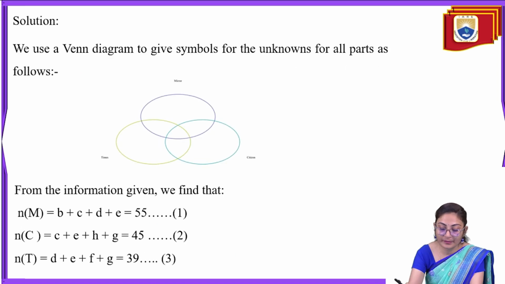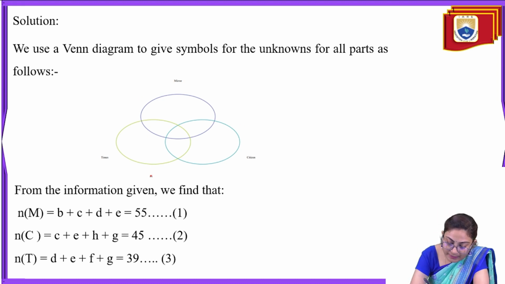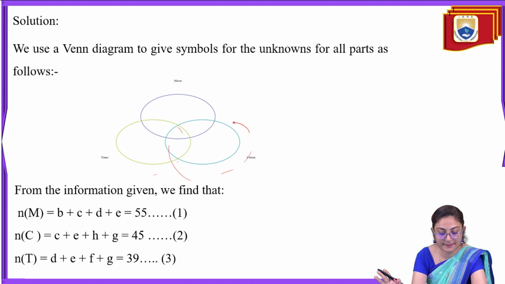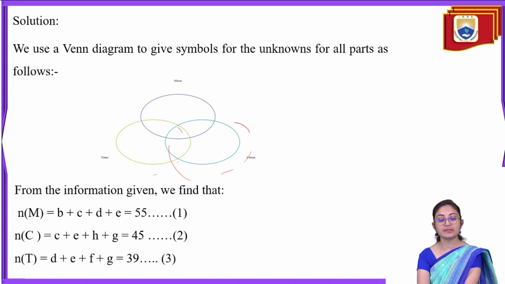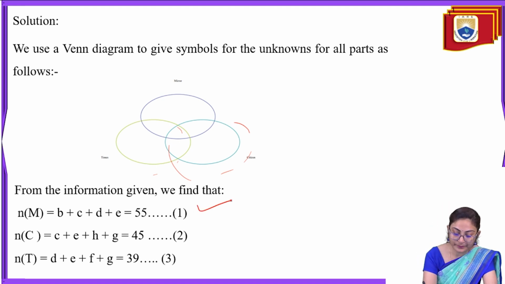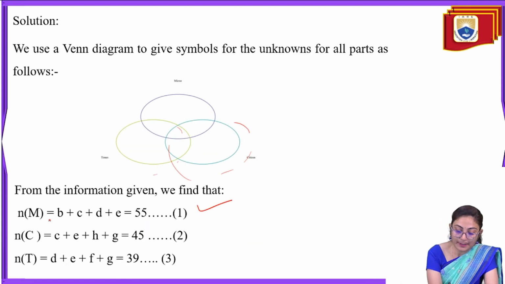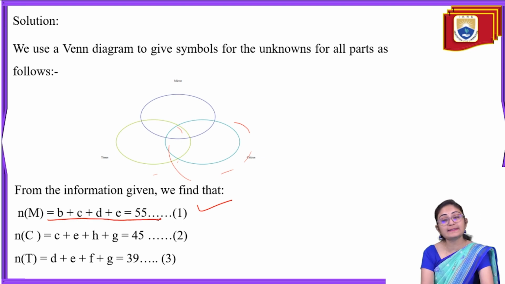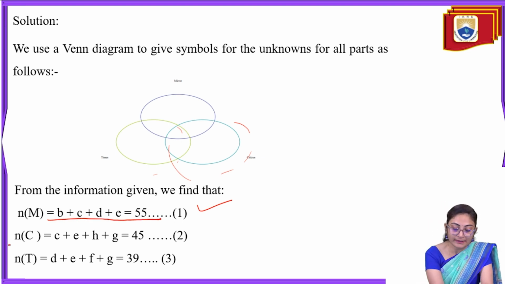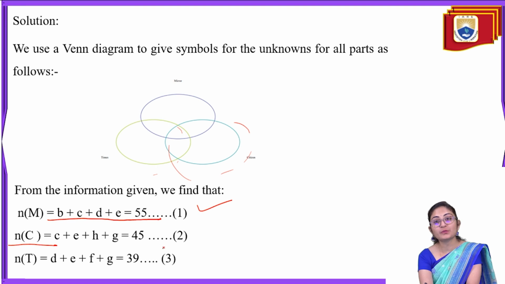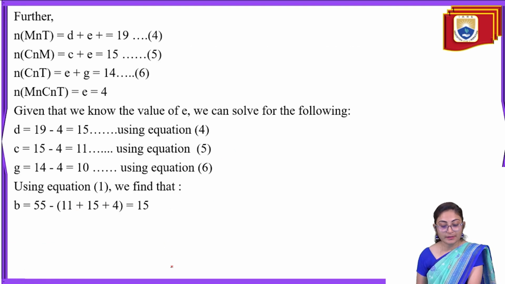Now here, this is your Venn diagram. In the Venn diagram we are showing the Mirror, Times and Citizen. Now we have the information like that. N of M, that is 55, means B plus C plus D plus E is equal to 55. Then N of C, that is 45. N of T, that is 39.